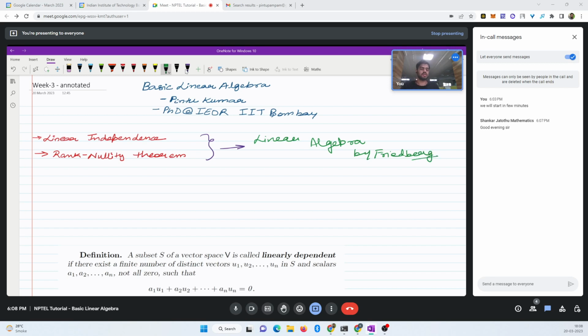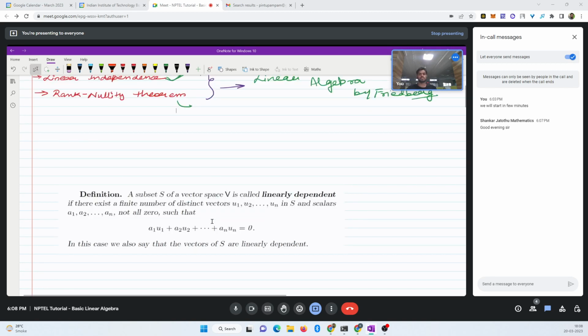Chapters 1 and 2 can be referred for whatever we are discussing today. Linear independence is somewhere in chapter 1 and the rank nullity theorem is somewhere in chapter 2.